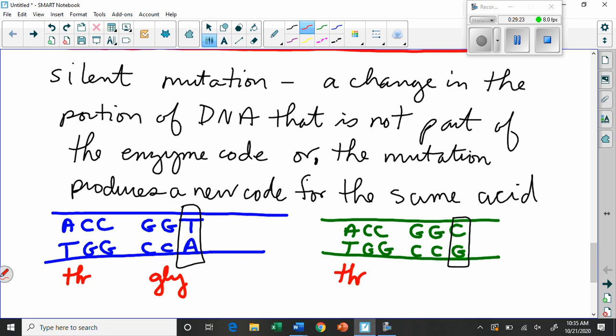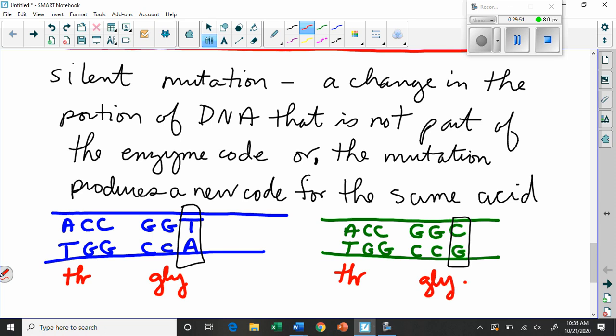The original one was GGT. But I think, if we go back to the chart, we'll find that GGA is also a code for glycine. I'm pretty sure that it is. So this CCG section is now producing also a glycine again.